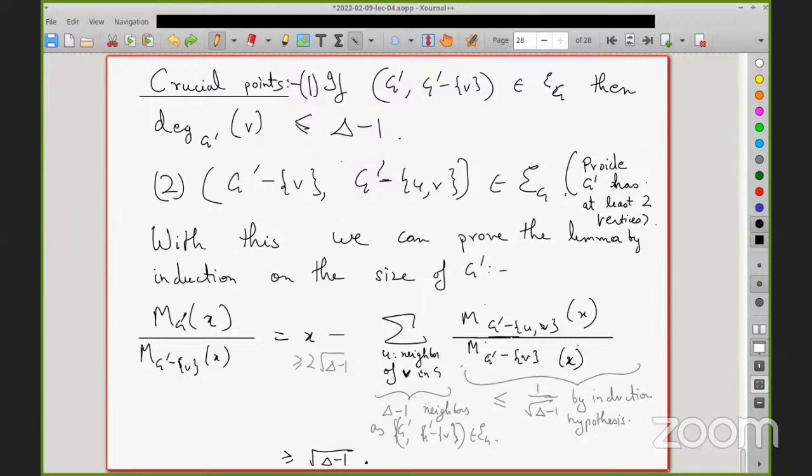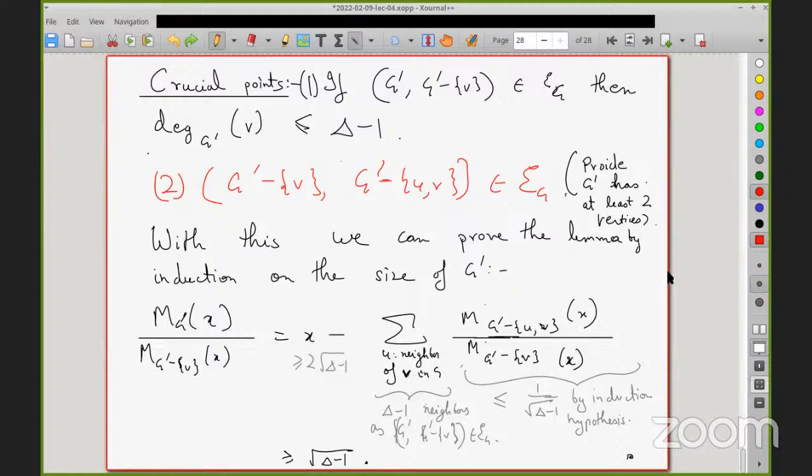So after this, you can do the induction, and the only points to verify are these 2 points. So this is one of the important things, that this construction of EG contains all the things that you will generate in this.